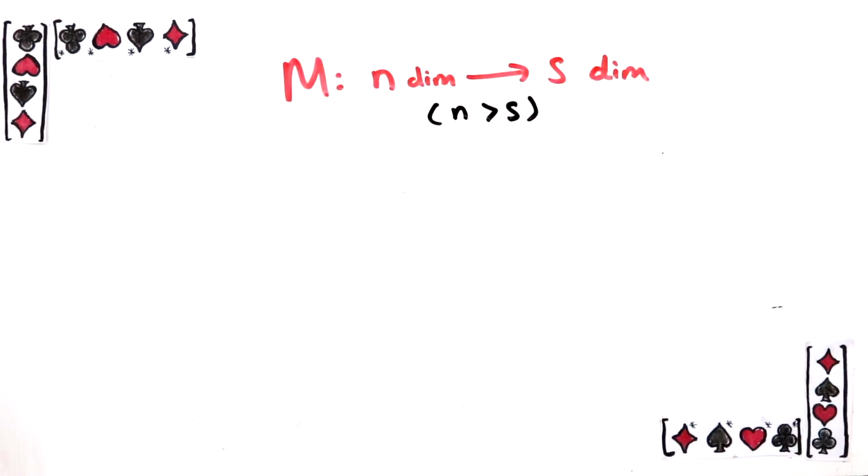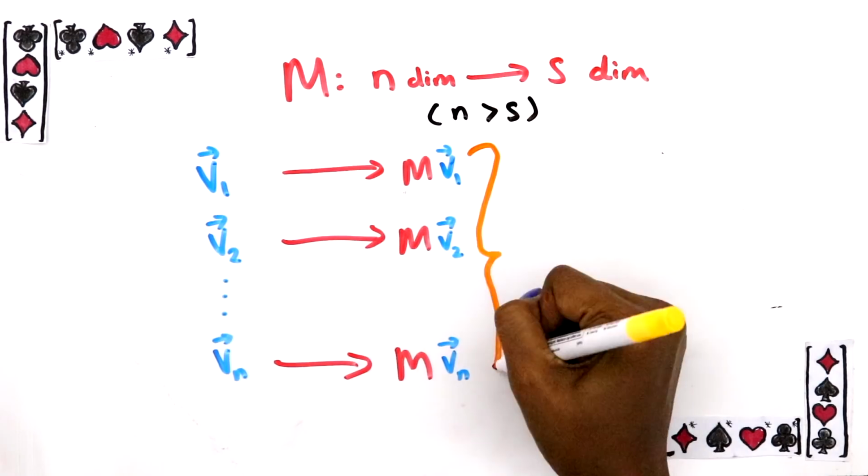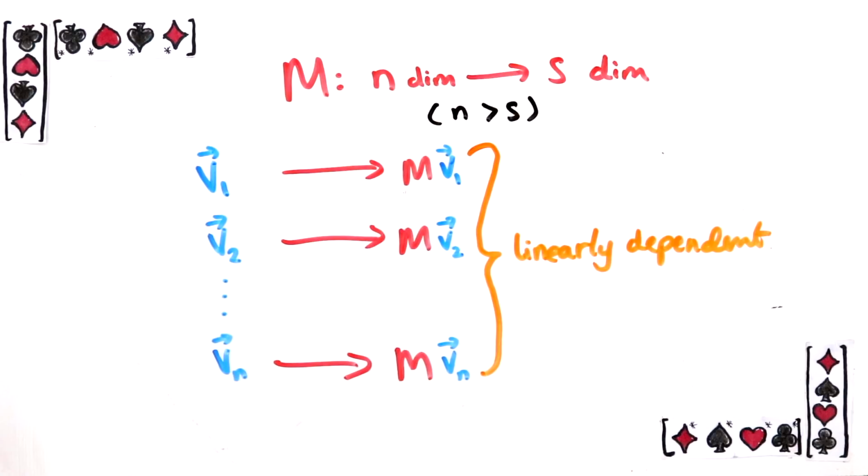Let's say that there's some basis for our n-dimensional space. When you apply M to all of them, they end up as s-dimensional vectors. But they can't all be linearly independent anymore because there's too many of them. You can only have s vectors linearly independent from each other in s dimensions.